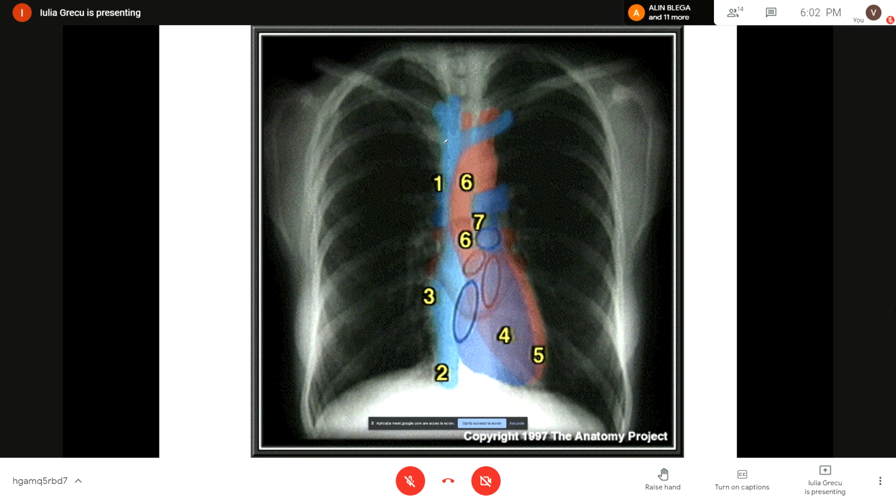So on the right side of the mediastinum, we have three arches. The superior arch is determined by the brachiocephalic venous trunk. The middle arch is determined by the right atrium, and the inferior arch, not always visible, is determined by the inferior vena cava.